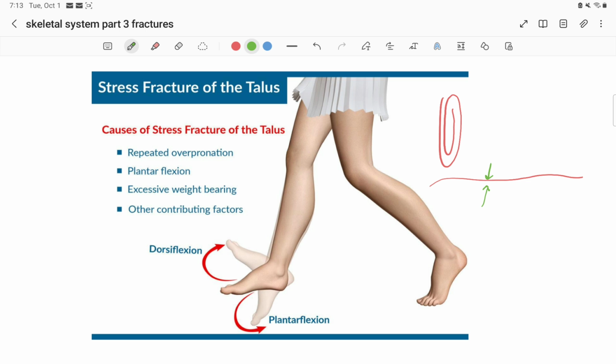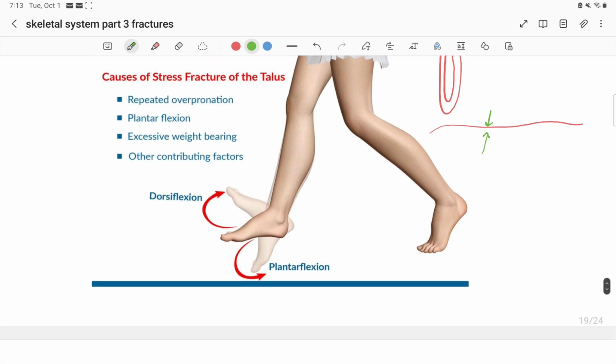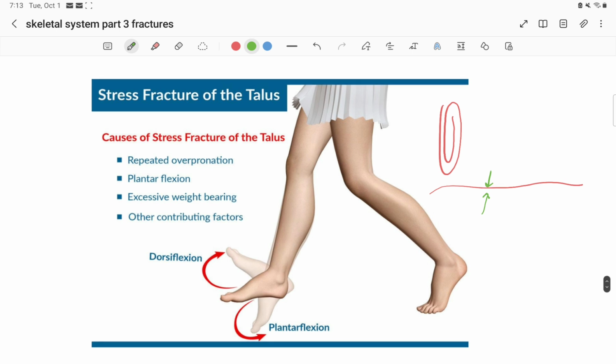And so in this example, in the foot, specifically the talus, which is one of the bones in the foot that we'll cover another time, the constant up and down, so dorsiflexion is where you go up with the foot, and plantar flexion is where you go down with the foot.